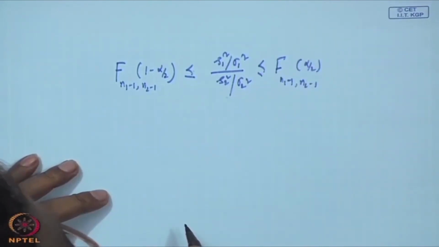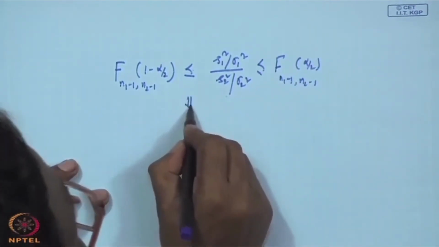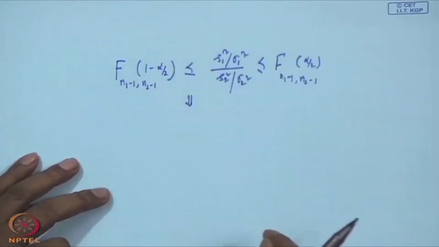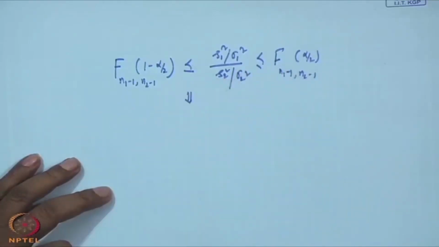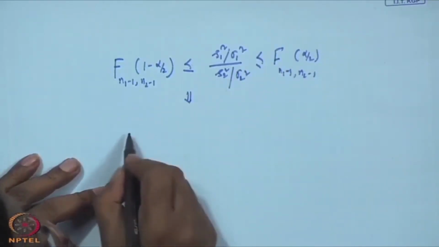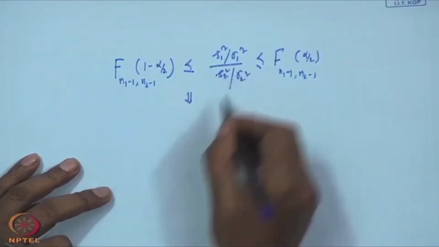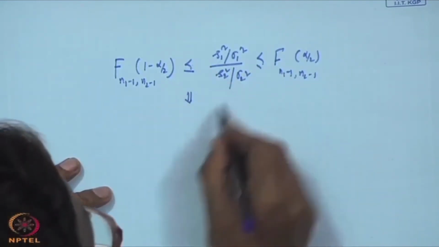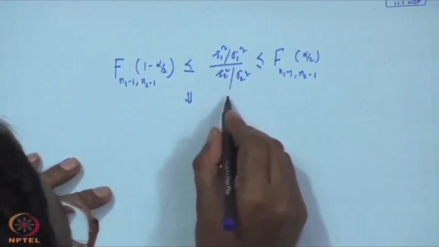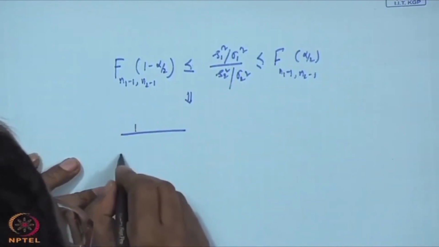You first take the inverse, in the sense the reciprocal. If you do the reciprocal, the inequality will reverse. So, if I write like this, ultimately the resultant part, can you not write like this?